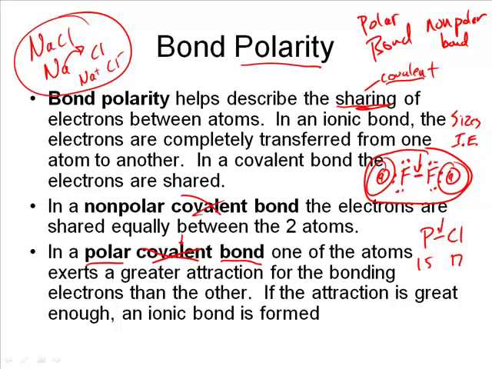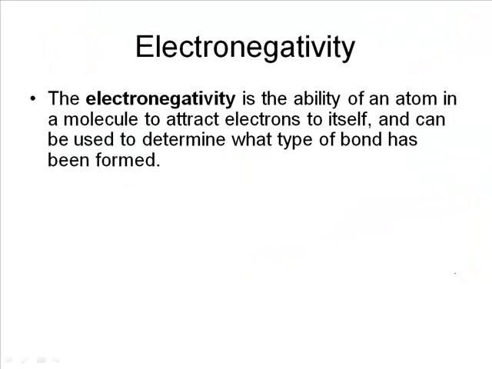So the electrons we would predict would be more attracted to the chlorine than they would be to the phosphorus because of the greater number of protons. And so this right here would be a non-polar bond because those electrons are shared equally between both fluorines. Here we would consider this a polar bond because the chlorine has a greater attraction than the phosphorus does.